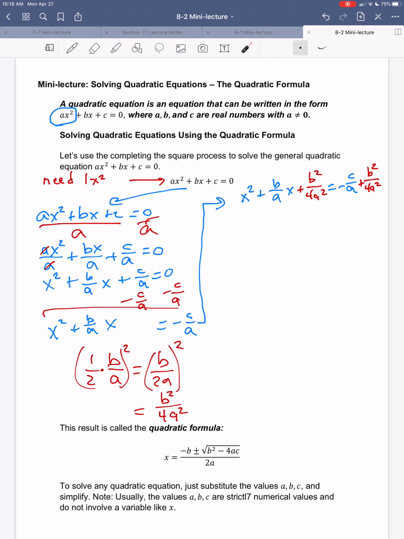So I need these denominators to look the same. So I'm going to have to accomplish a couple things here. So first of all, to factor this, let me move over just a little here. I want to leave myself a little more room there.